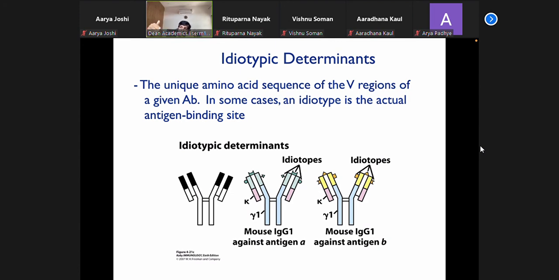Then you can keep on doing it, and this network was proposed to control immune regulation. This is called the Jerne network. Some people call it Yarn. Niels Jerne proposed this theory of idiotypic, anti-idiotypic networks for antibody formation and immune regulation.